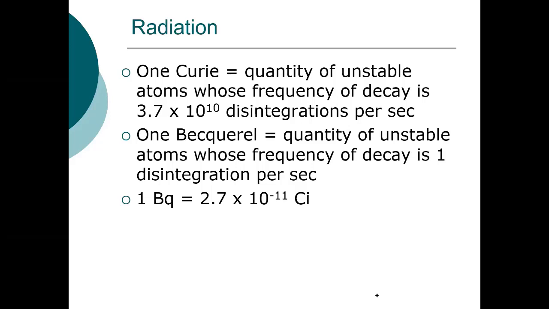Becquerel is the newer unit, and it is the quantity of atoms whose frequency of decay is 1 disintegration per second. And a becquerel is 2.7 times 10 to the minus 11 curies. It's the inverse of this value here.